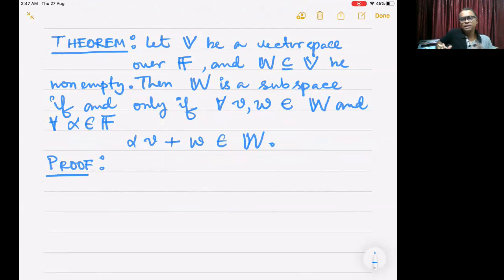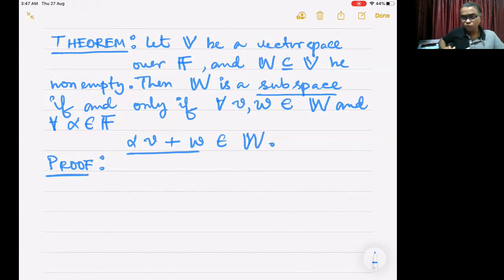So once again, the setting is that we have a vector space V over a field F. W is a given subset, which is non-empty. And then I'm claiming that W is a subspace if and only if for every V and W in W, not just closed under addition, but every combination like this, alpha V plus W, where alpha is any arbitrary scalar from the field, and V and W are arbitrary vectors from W, then alpha V plus W must be an element in W. If that property is satisfied, then and only then is W a subspace.